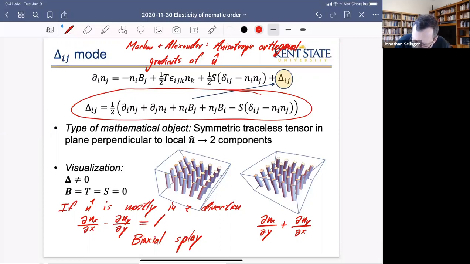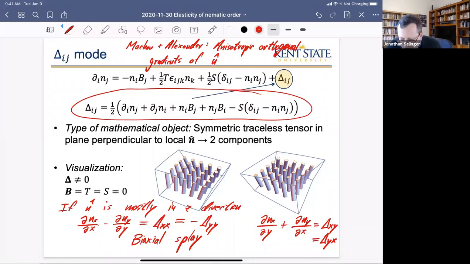So if the local n is mostly in the z direction, then this is the xx component of a tensor, which is equal to the negative of the yy component. Whereas this thing is equal to the xy component of the tensor, which is the same as the yx component.